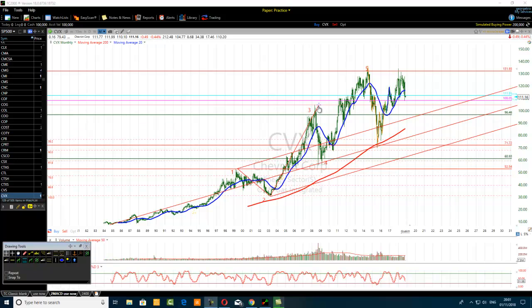Now I apply Fibonacci retracement to the third wave, because we want to measure how deep this fourth wave is. We noticed that the fourth wave brought the price even a little bit below the 61.8% Fibonacci retracement of the third wave.